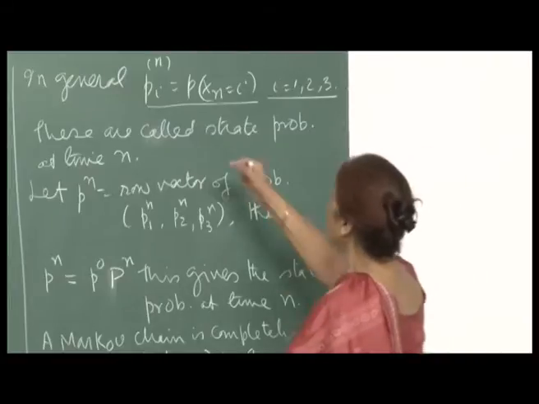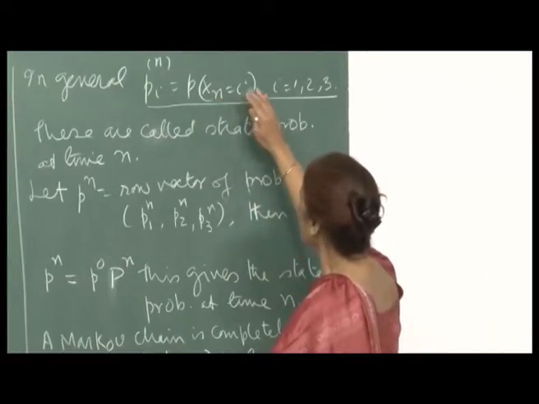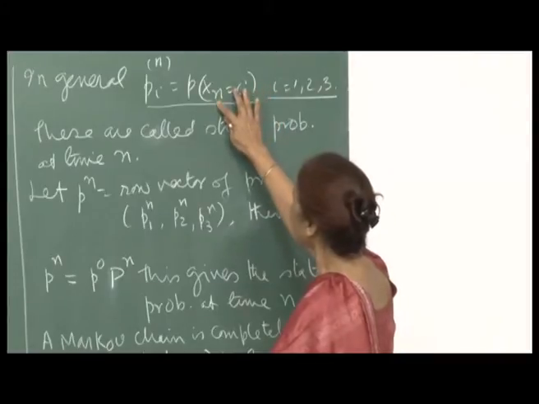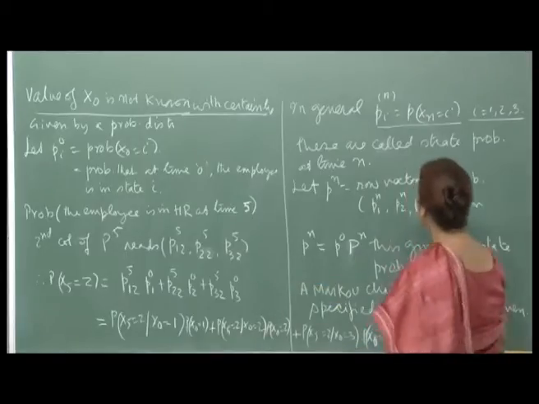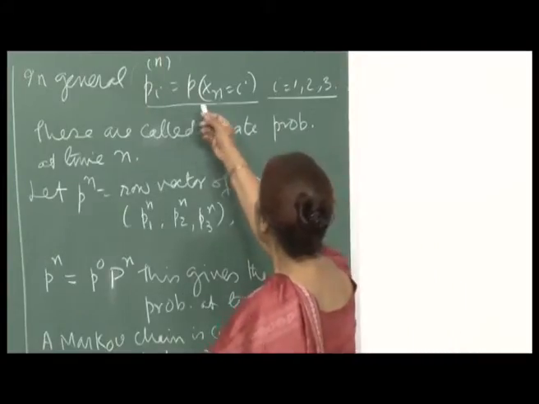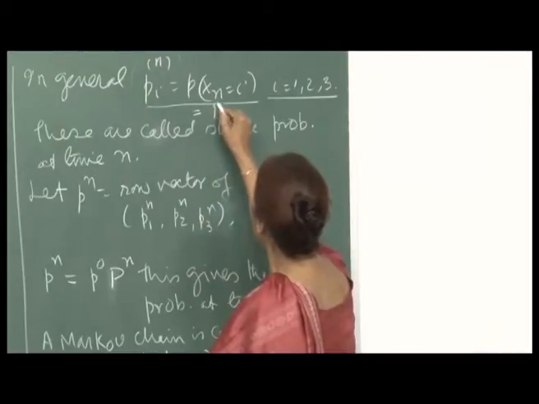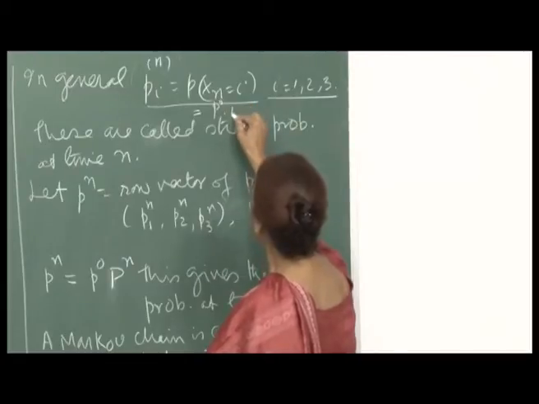Okay. So, then p i n is the probability x n equal to i, that means the system is in state i at time period n. So, these are the probabilities and I have shown you how we will compute them. So, you can write them down right here. So, this will be your small p naught into P n.